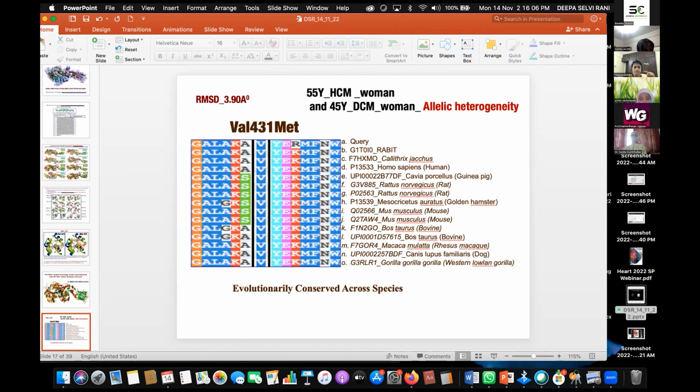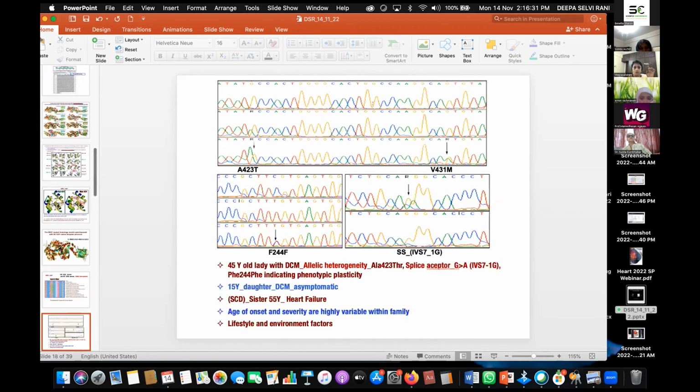This mutation we observed in two women candidates. One is an HCM woman and another is a DCM woman. The HCM woman was 55 years old and the DCM woman was 45 years old. This DCM woman showed a more severe disease phenotype. Then we understood the DCM woman carried allelic heterogeneity, that means extra mutations in the same locus.